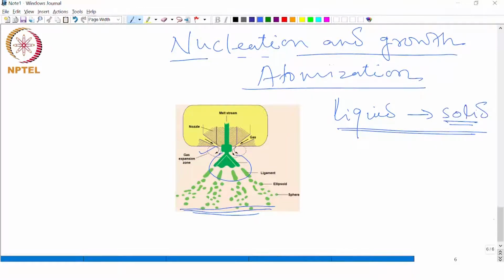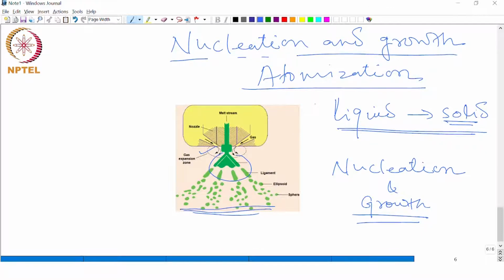Okay. So, solidification or the liquid to solid transformation can be understood from this concept called nucleation and growth. Nucleation is nothing but the formation of the first solid particles, if you talk about the liquid to solid transformation.